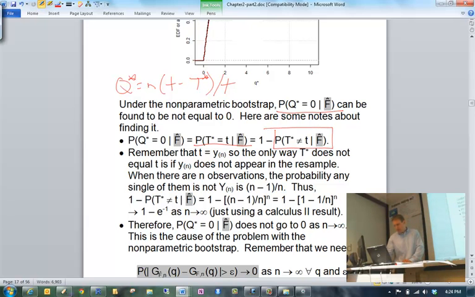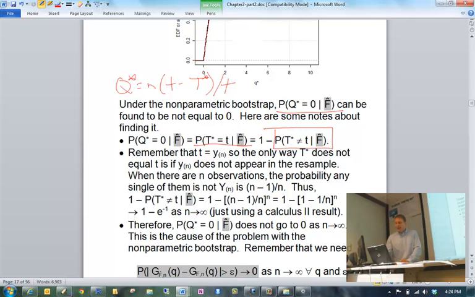What is this probability? Well, there's only one way that T star can be equal to the nth order statistic, if it ends up being in the resample. So that means for every element in your resample, the probability is n minus 1 over n that it's not equal to y sub n.